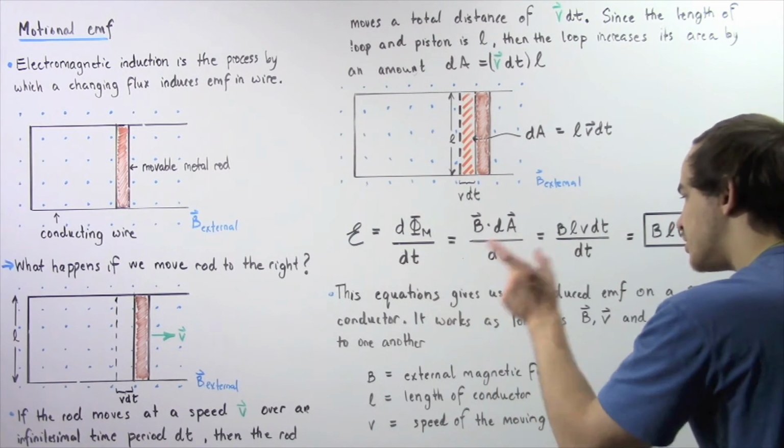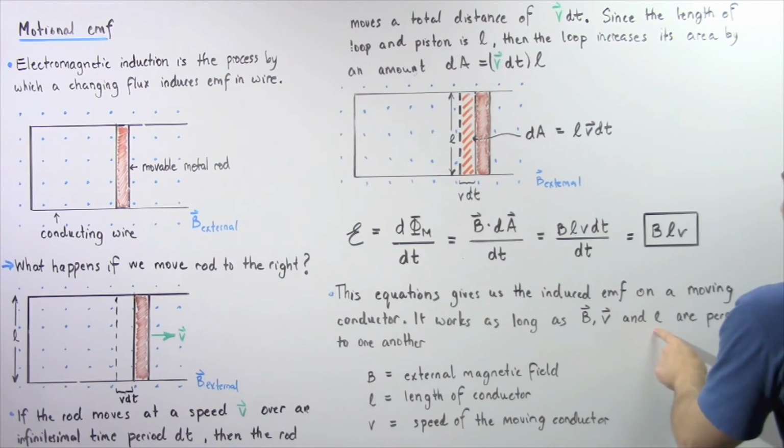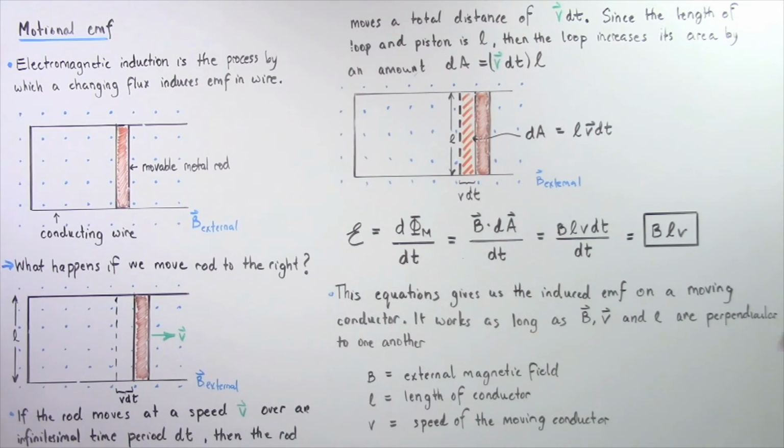So this equation gives us the induced EMF on a moving conductor, and it works as long as B, v, and L are mutually perpendicular with respect to one another.